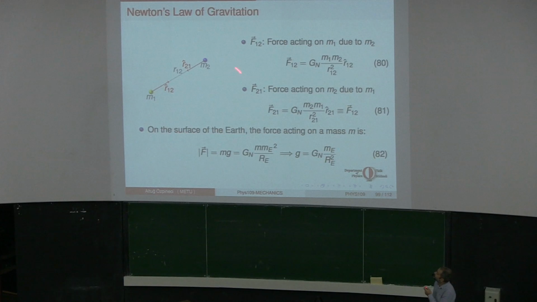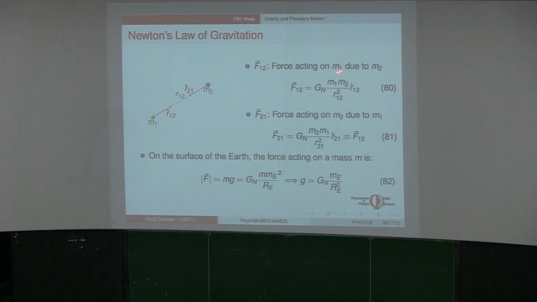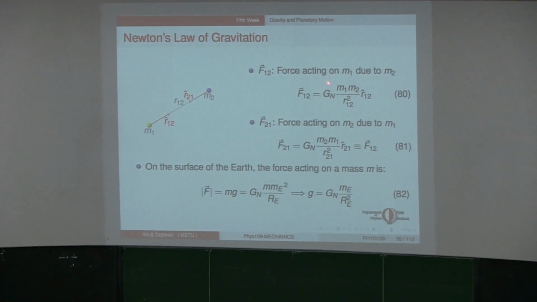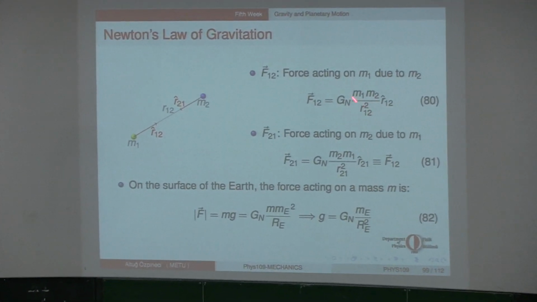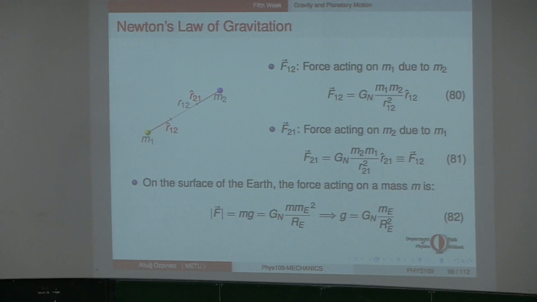This gravitational attraction always points from one mass to the other mass. The force acting on mass 1 due to mass 2 is equal to Newton's constant times the product of the masses divided by the square of the distance between them, and it is in the direction pointing from the first mass towards the second mass.